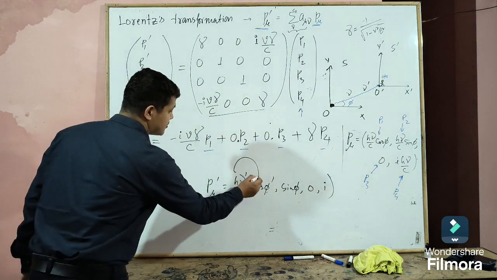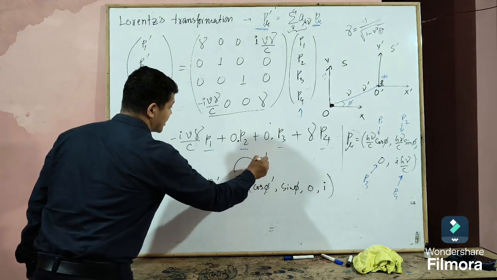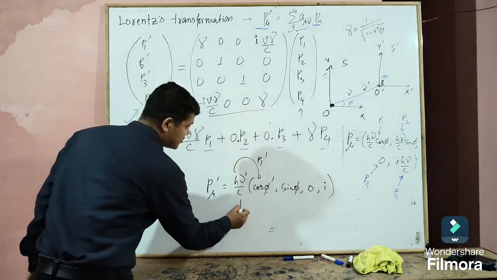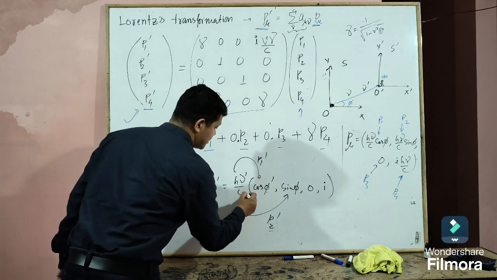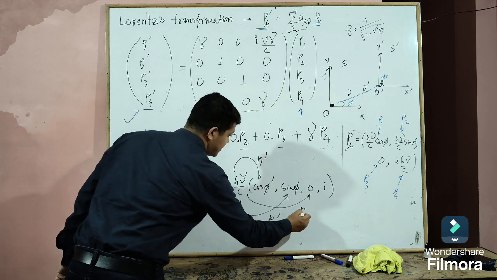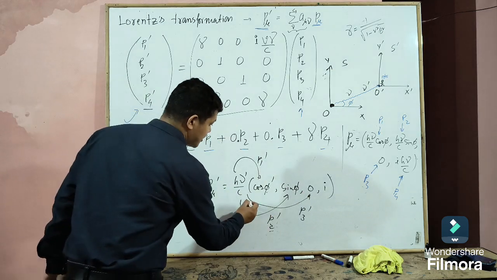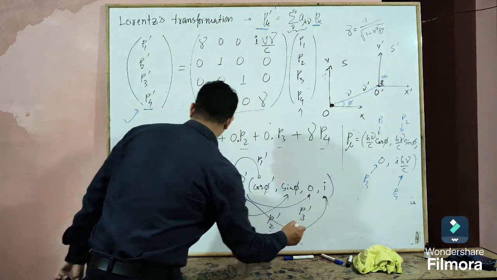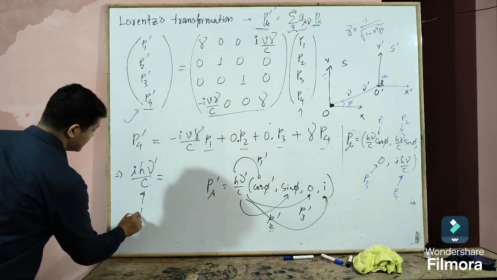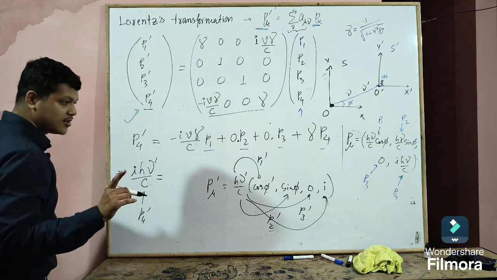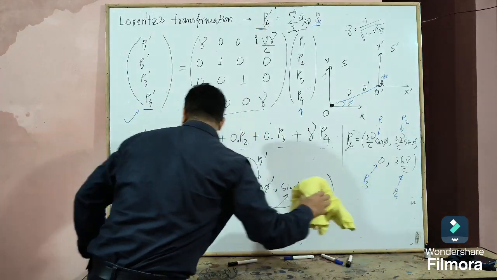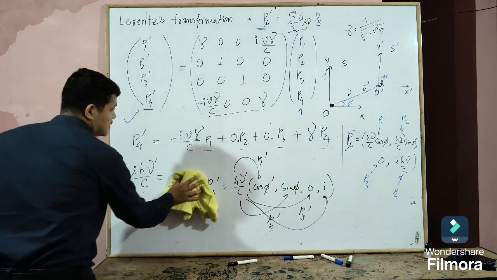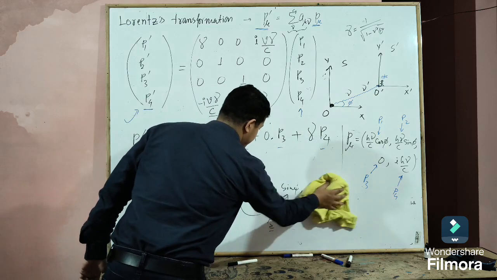If you multiply with this one, that gives p1 dash. This one into this one gives p2 dash, and this one into 0 gives p3 dash, and this one into I, which is nothing but this one, is p4 dash, right. Hope this is clear to you. So let me clean it.